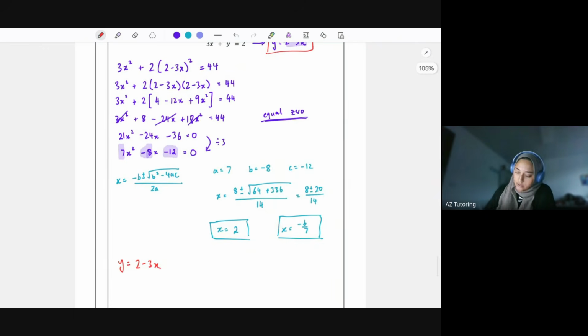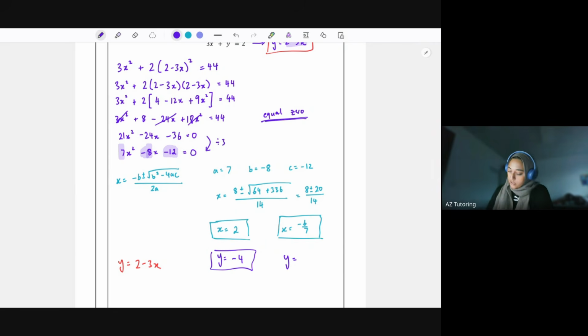So to find y in this case, I'm doing 2 minus 3 times 2, which is 6. So 2 minus 6, which is just minus 4. So I'm just going to write it like this actually, just so it's a bit neater. Okay, so that's our y value when x equals 2.